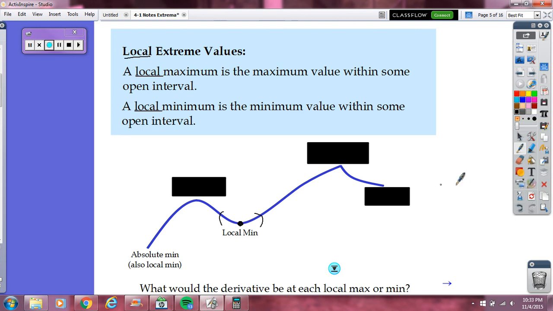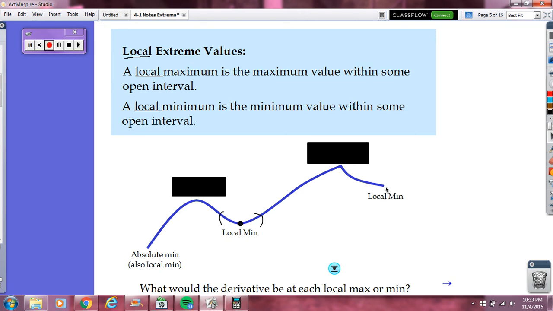You can see that happening at the other end point as well. So this point is going to be lower than pretty much anything else around it, even though it's not quite as low as our absolute minimum. That would make those other two our maximums.